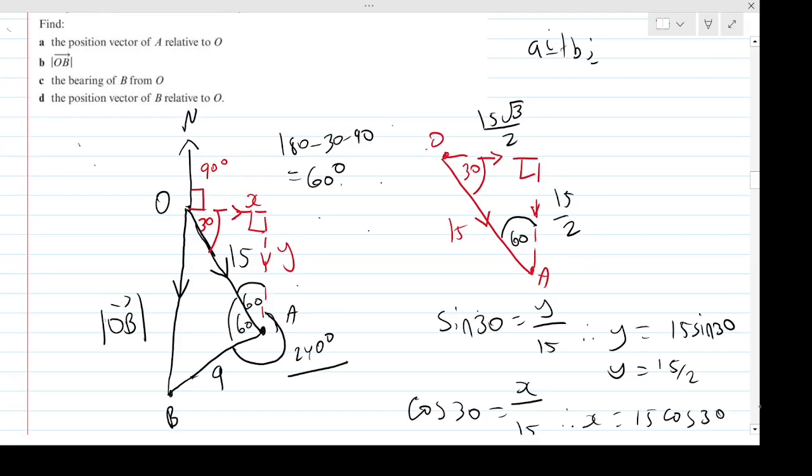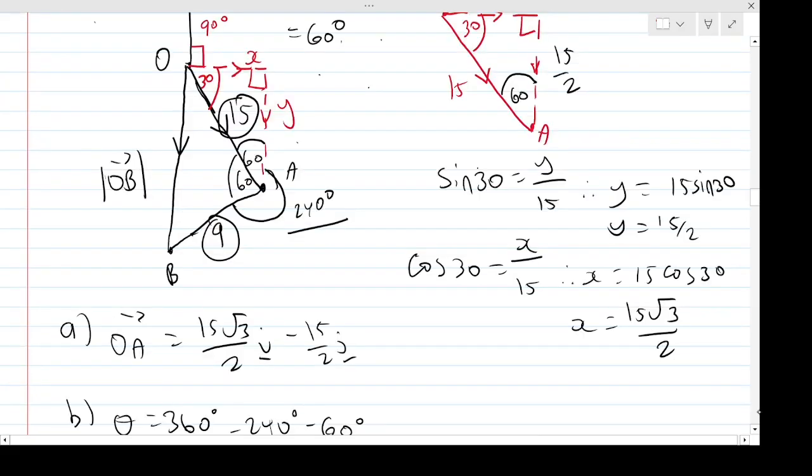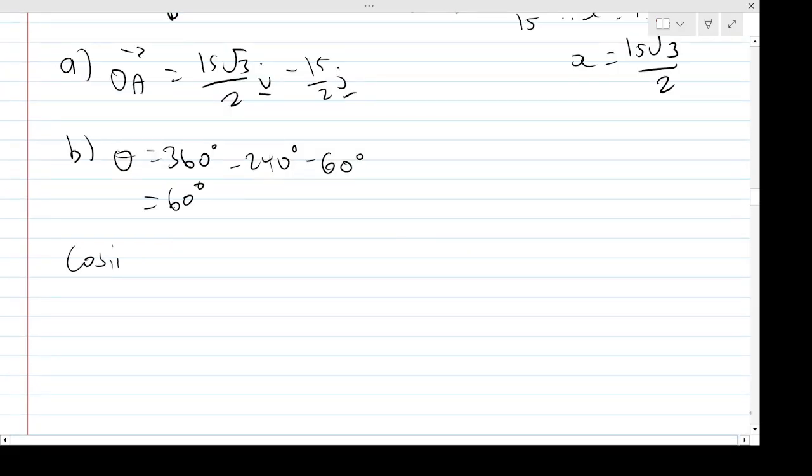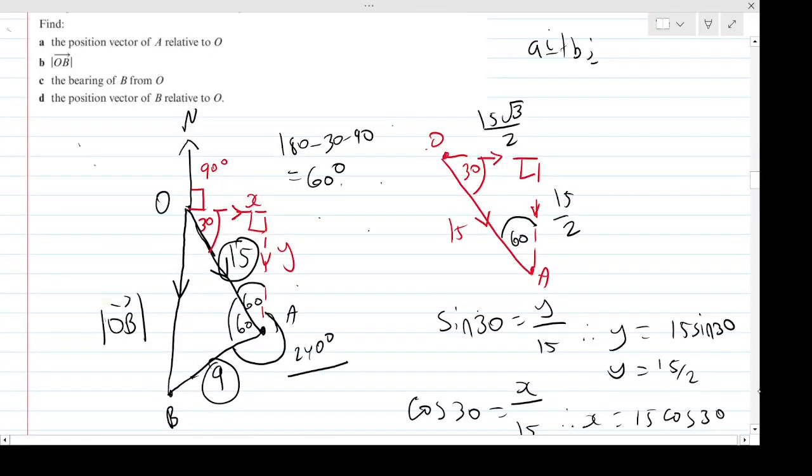So then I'm now in a position where I can use the cosine rule on my black triangle, right? So I know that this length is 15. I know this length is 9. I know I've got the angle here of 60. That's opposite the side I want. So therefore, if I use cosine rule, I can say that the length of OB squared would be the other two sides, all squared, so the 15 and the 9.